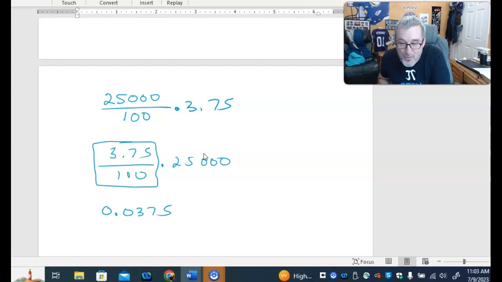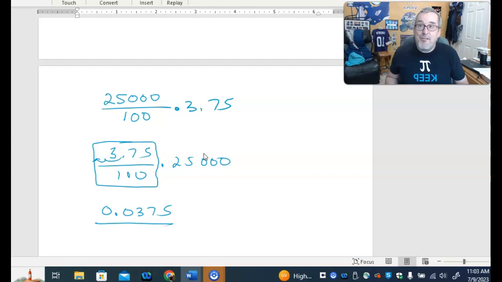Maybe you've seen it this way. You go doink, doink. You move the decimal two places to the left. Look at 3.75%: 3.75 per 100. That's what percent means. 3.75 per 100 is the same as 0.0375. It's moving the decimal two places to the left.